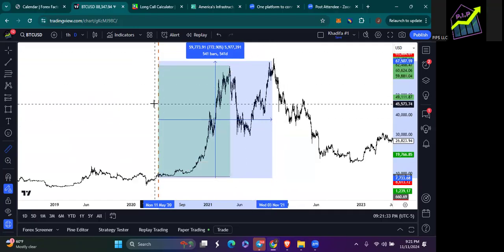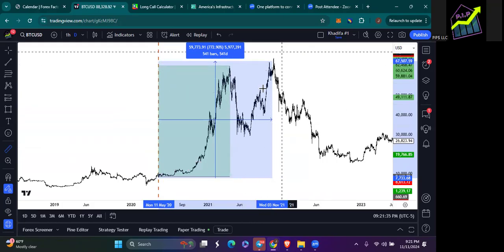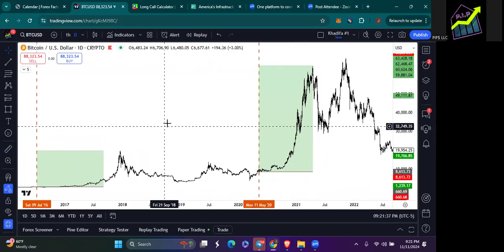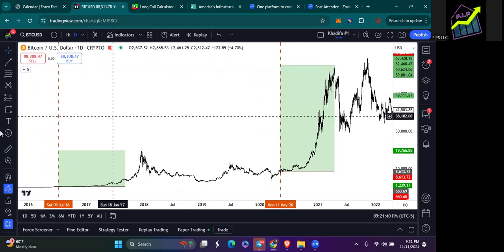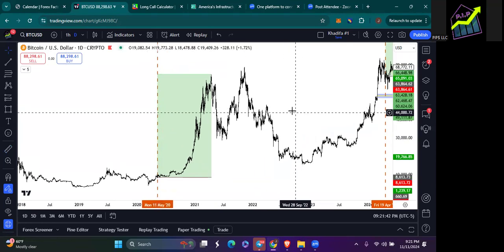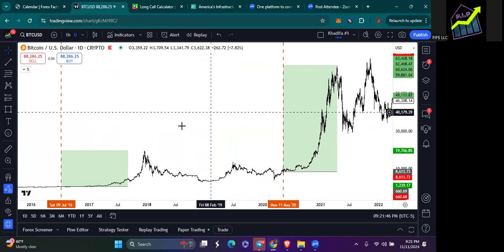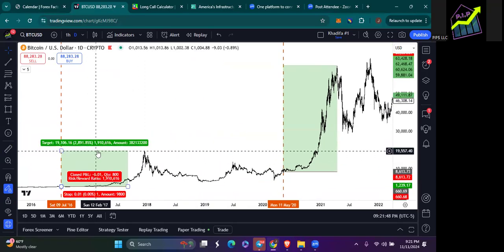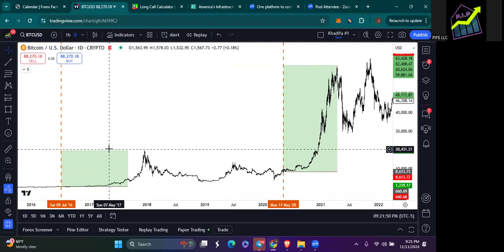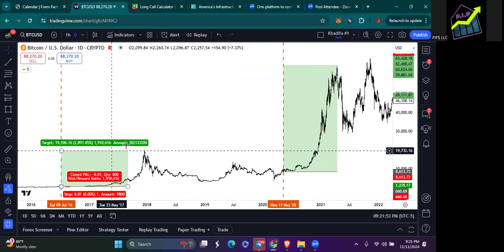Anywhere from a year to a year and a half before we reach peak cycle. That's what I mean by peak cycle. So 2000% the first halving, 2800% the second halving.